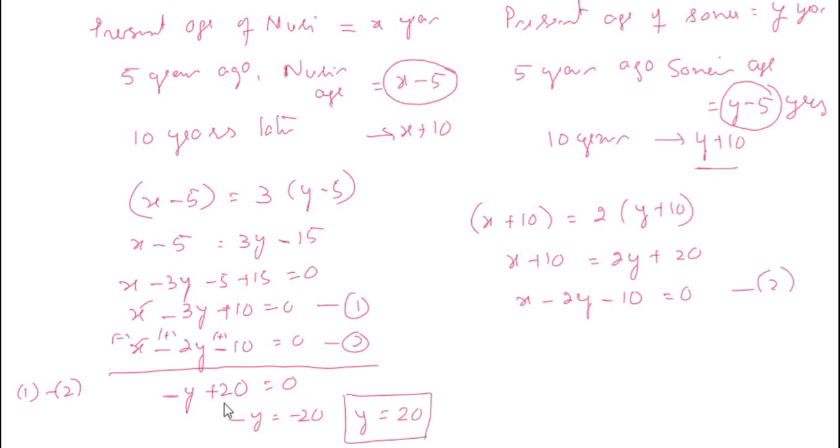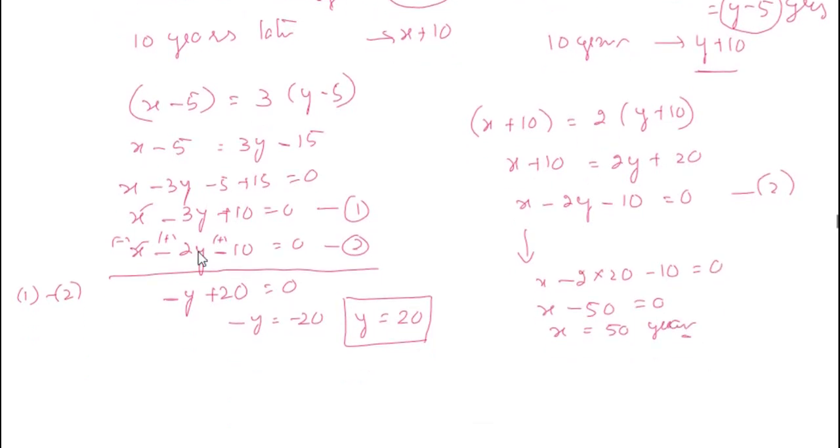This is Sonu's age. Now substitute in one of the equations. Let us substitute in this equation. So x minus 2 into 20 minus 10 equal to 0. So 2 into 20 is 40, minus 40 and minus 10, so minus 50 equal to 0. Therefore x equal to 50 years.